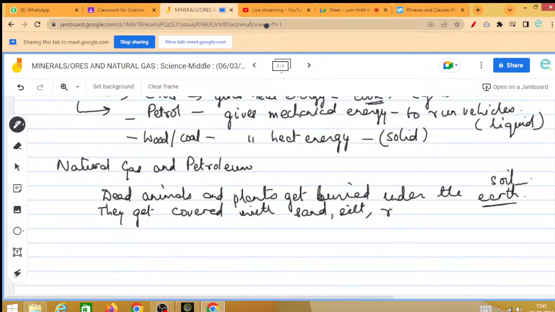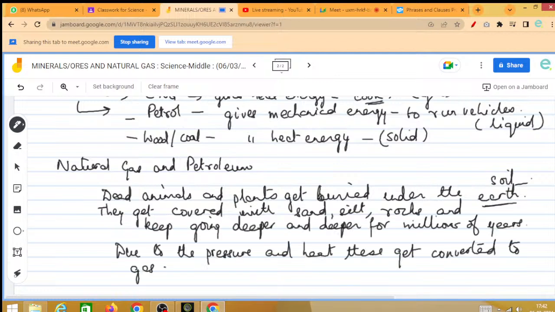These get converted into oil, gas, or oil and gas, and these are the fuels that we use. So these days, human beings mine for these by boring.